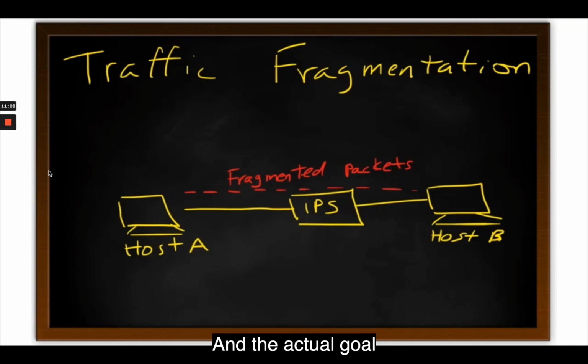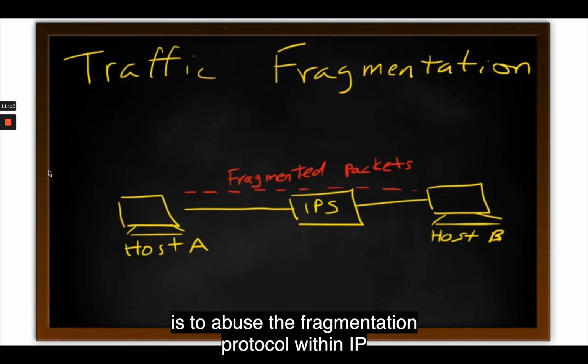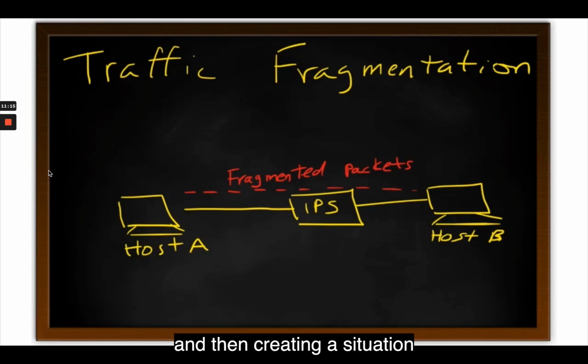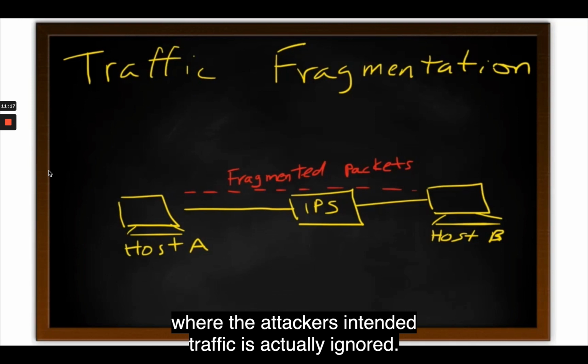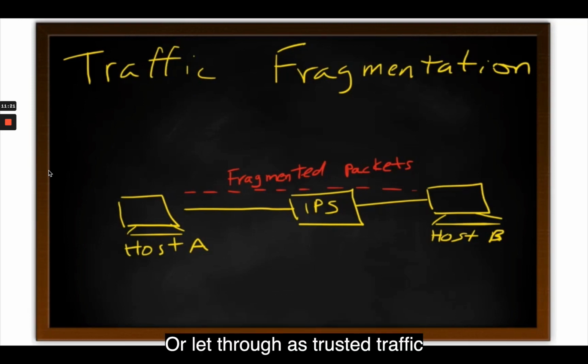The actual goal is to abuse the fragmentation protocol within IP and create a situation where the attacker's intended traffic is ignored, or let through as trusted traffic by a firewall, an IPS device, or any other security product.